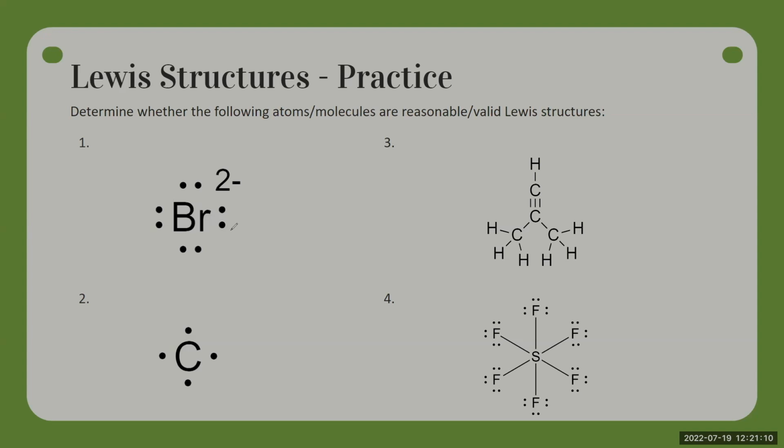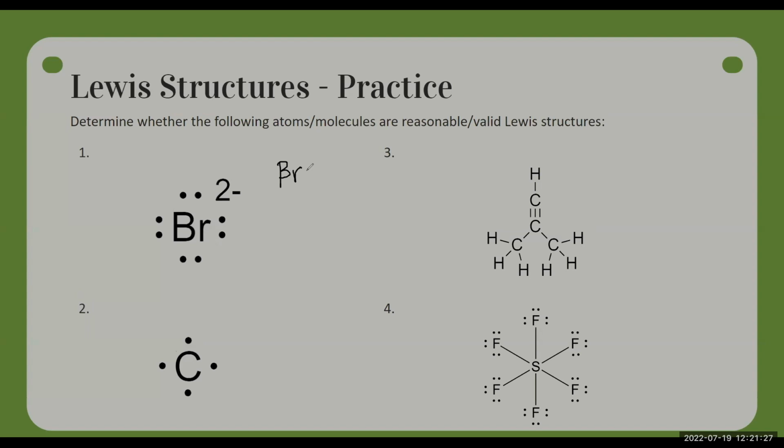All right, so I'm going to go over this first one. This is Br with a 2- charge. So this looks a little bit unusual because bromine is a group 7 atom. So in order for bromine to reach its noble gas configuration or noble gas electron count, we would have to add 1 electron to it.